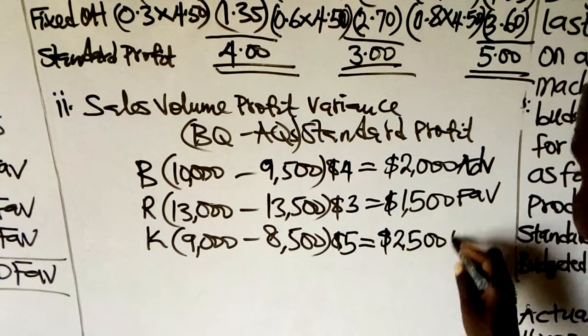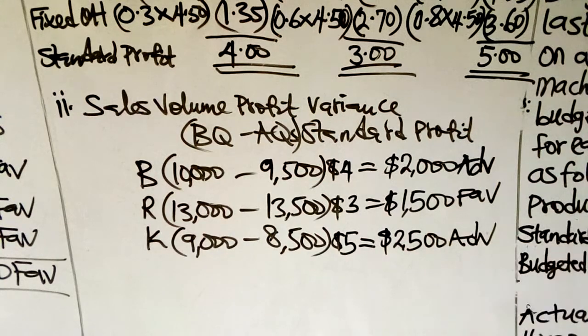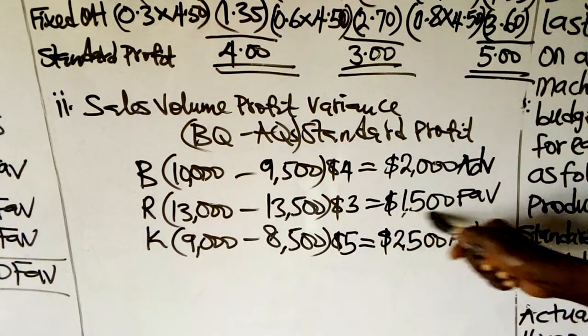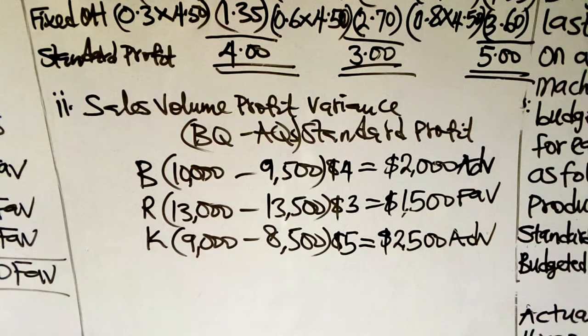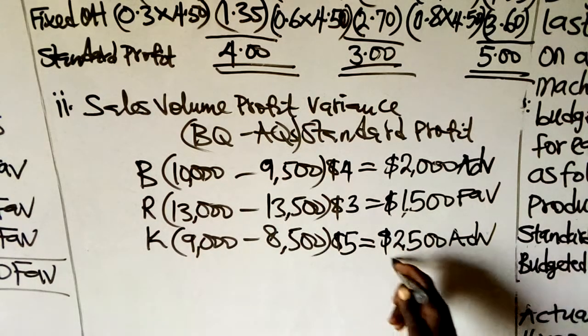2,500 adverse. Now we have 2 adverse. 2,000 plus 2,500 adverse will be 4,500. 4,500 minus 1,500, you'll be left with 3,000 adverse, because the adverse is more than the favorable, which is 1,500.